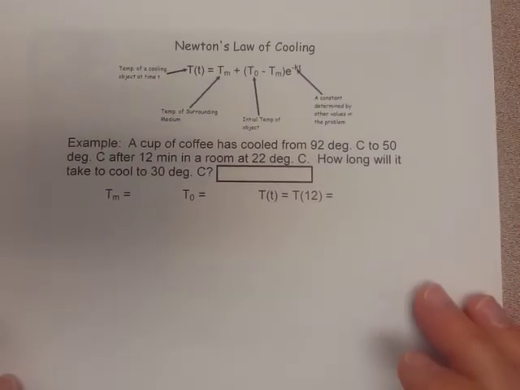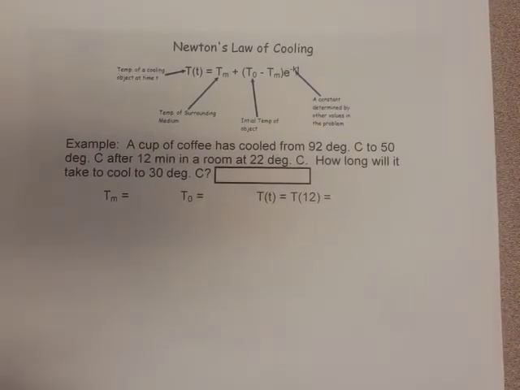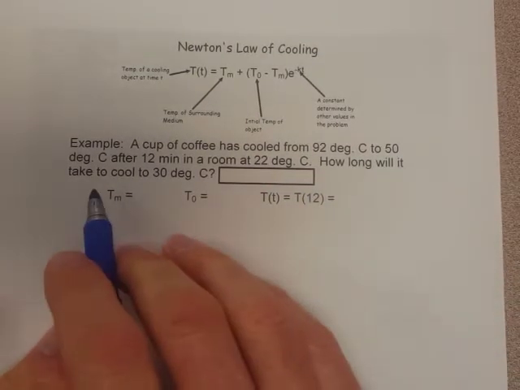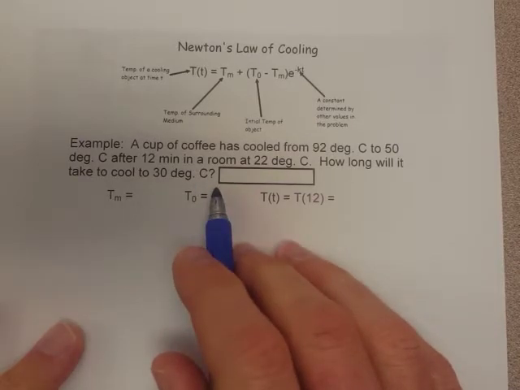It says here, a cup of coffee has cooled from 92 degrees Celsius to 50 degrees Celsius after 12 minutes in a room at 22 degrees Celsius. How long will it take to cool to 30 degrees Celsius?